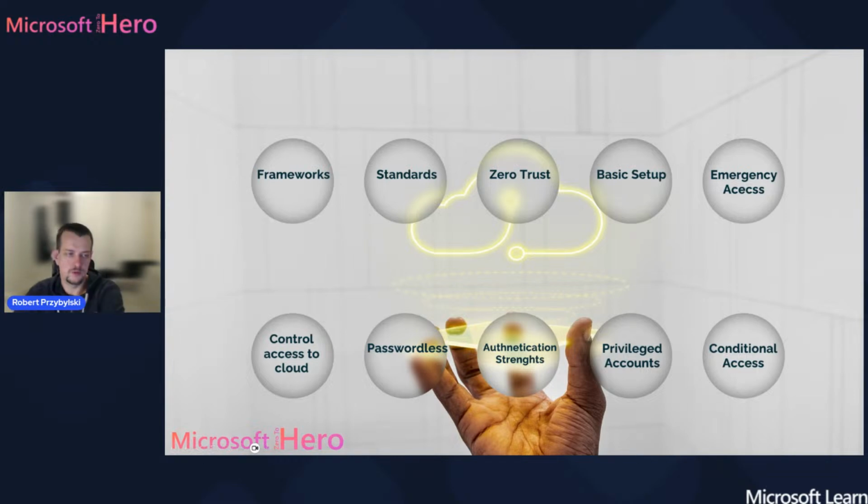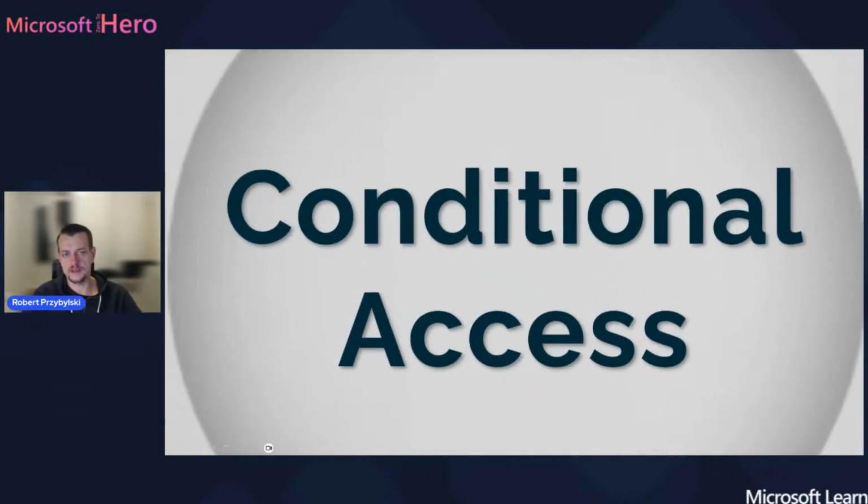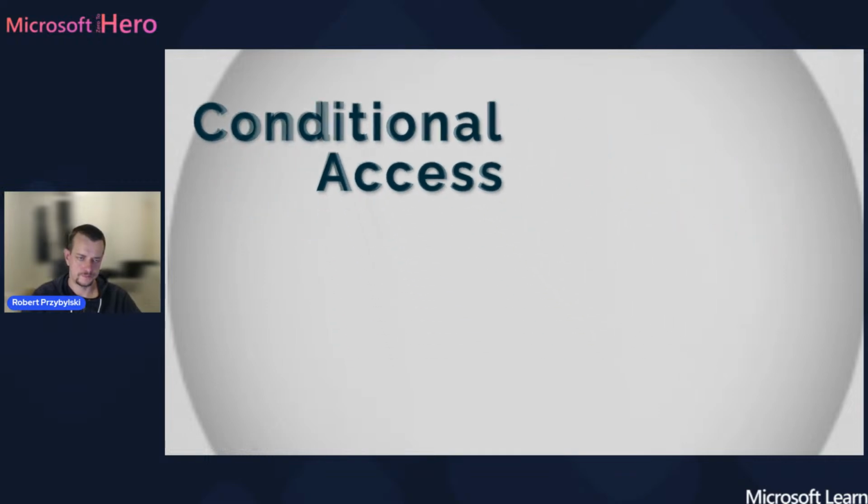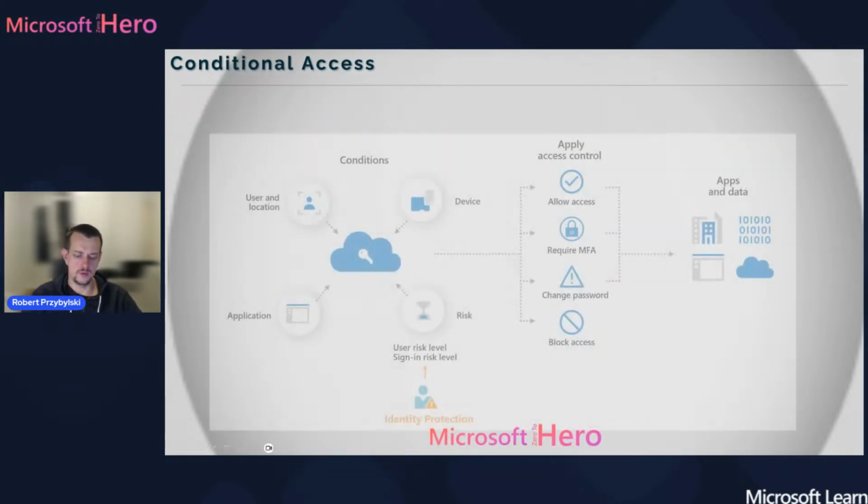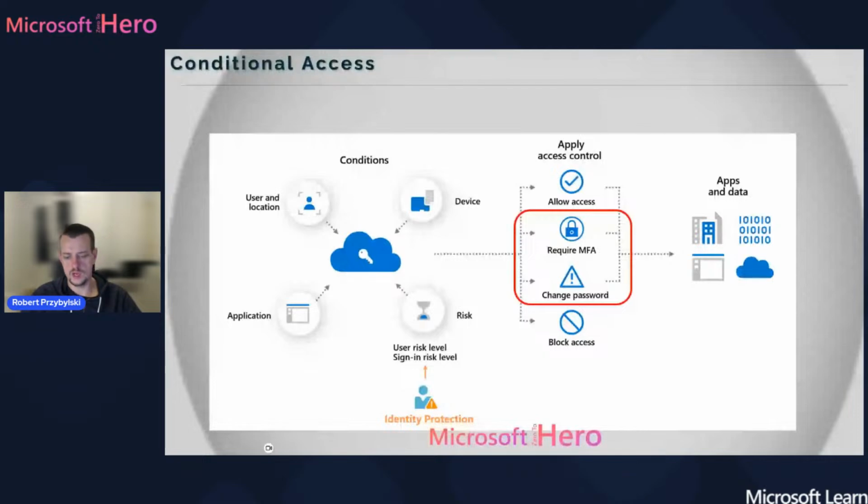The last part that we will have today, and I can see I have 8 more minutes, is conditional access. Simple case, but sometimes forgotten. We need to remember that we have conditions, we have control, we have access to the data. At some point, we can also have identity protection that will step in and mark our authentication in a specific way, if something is happening with our access, like impossible travel, for example, that 5 minutes ago we were logging in from Seattle, and then after 5 minutes we are logging in from Vietnam.